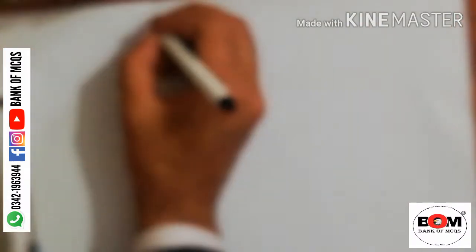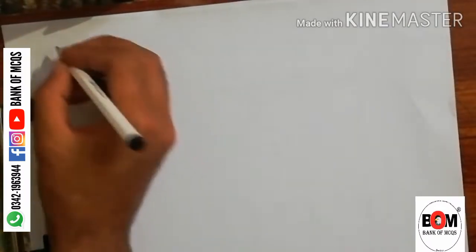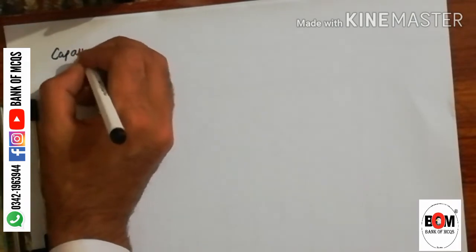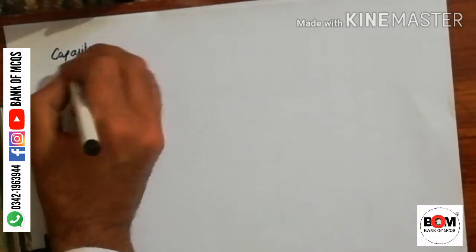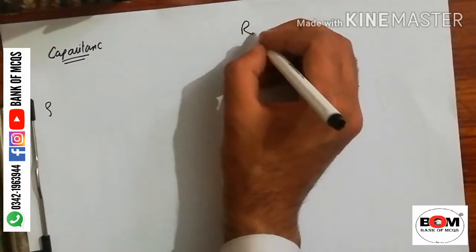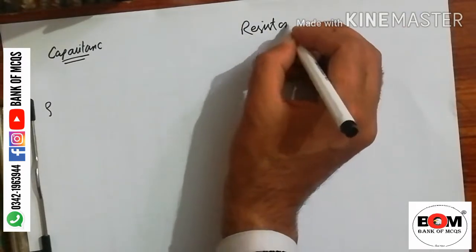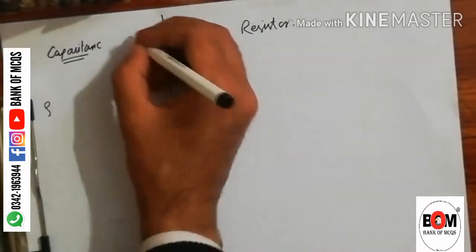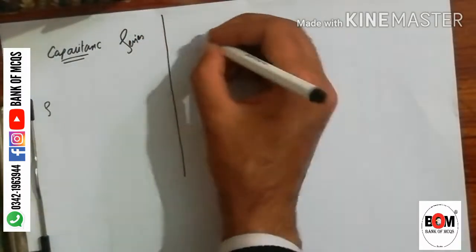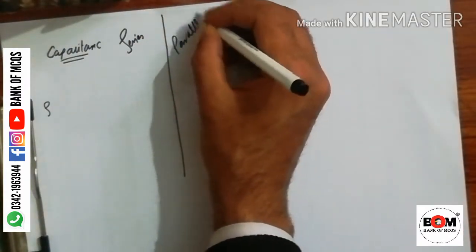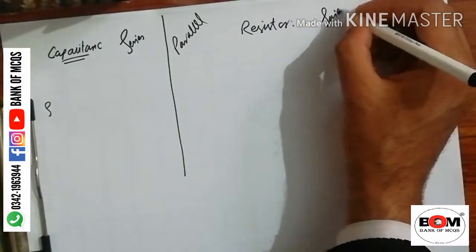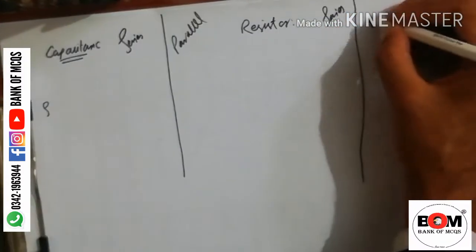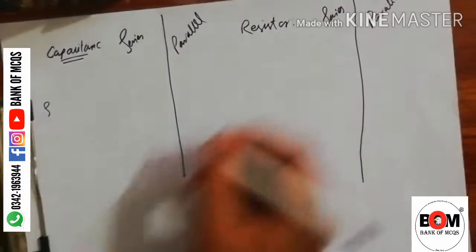Now there are two types of combination. The first one is series and the next one is parallel.